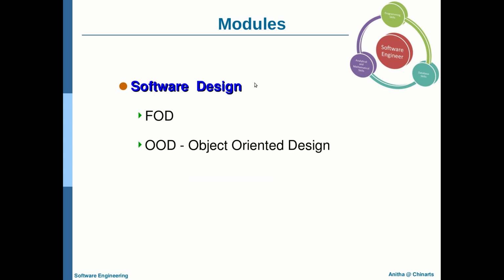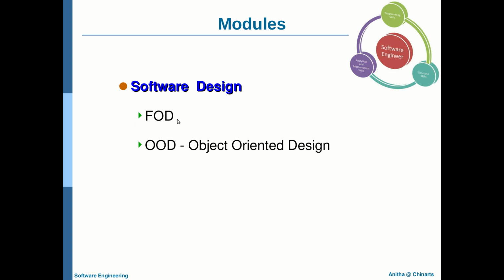So your software design is based on function oriented design, or it may be object oriented design. Whenever we develop software which is for a single problem or used for a single task, then you can follow function oriented design.